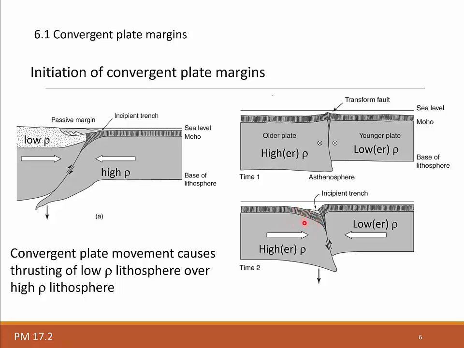A similar situation is created, as we have seen along a former passive continental margin. Subduction starts along the pre-existing transform fault, which now is reactivated as a reverse fault where oceanic subduction can begin.